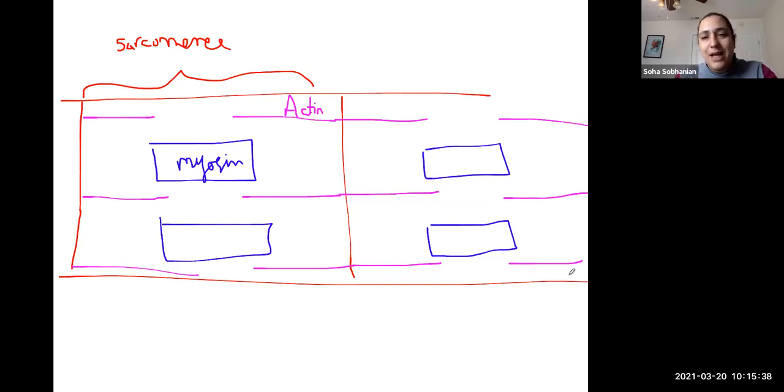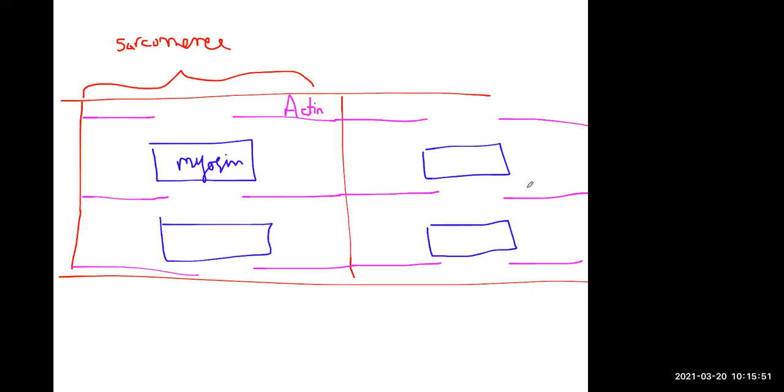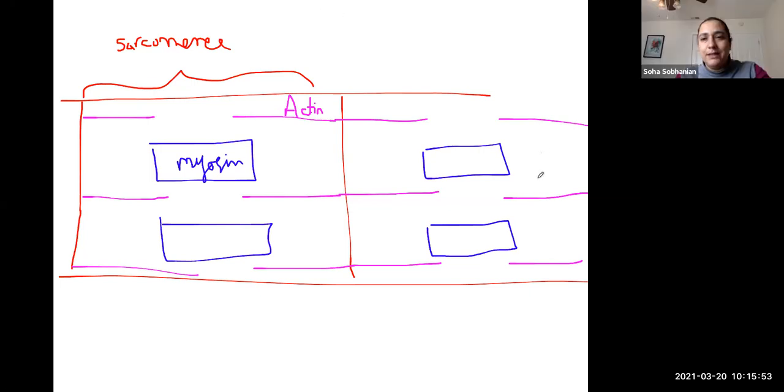So I'm going to type it in the chat box so you guys have that information. But I really want you guys to pay attention to this and make sure you're understanding this, because this level of organization is really important, guys. So make sure you feel very comfortable with this idea, okay?